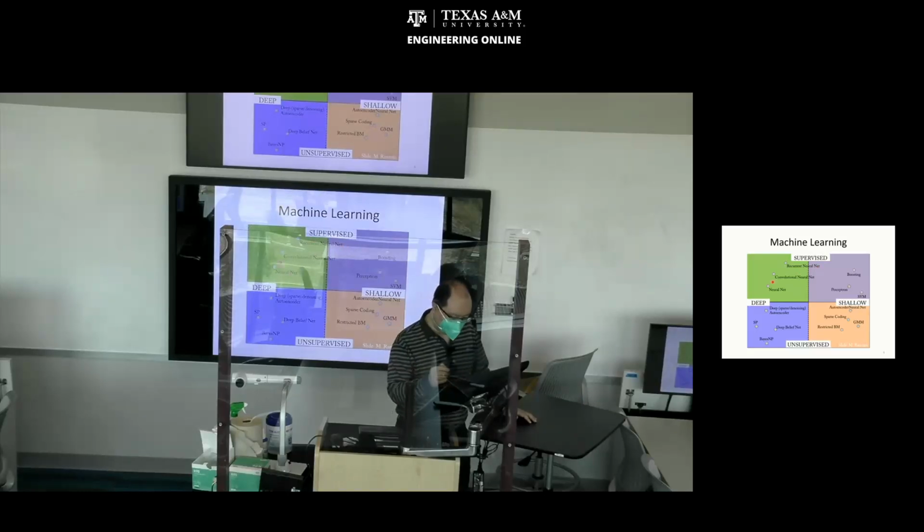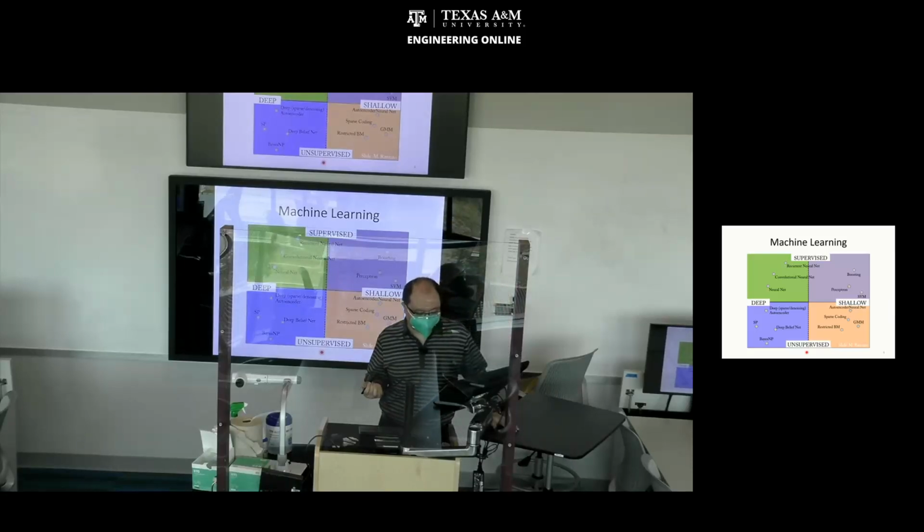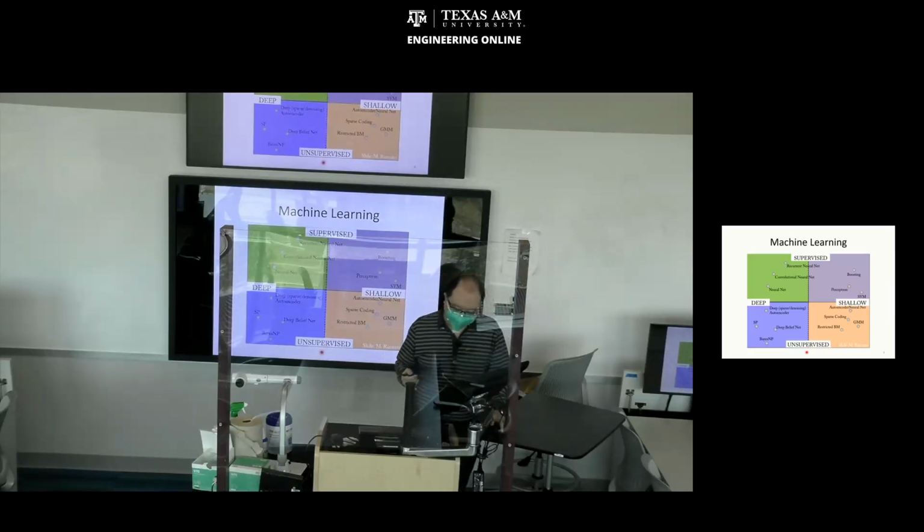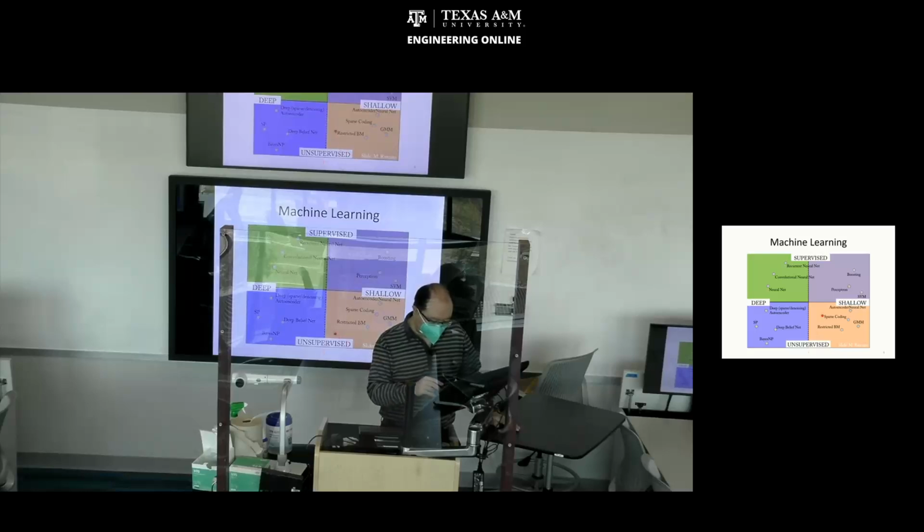This will be described. But also you can think of it from another perspective, that is whether it's supervised versus unsupervised, right? In other words, whether there are labels being utilized in this machine learning, right? So in the unsupervised shallow models, right, we have some early forms of neural networks, such as the restricted Boltzmann machines, right?